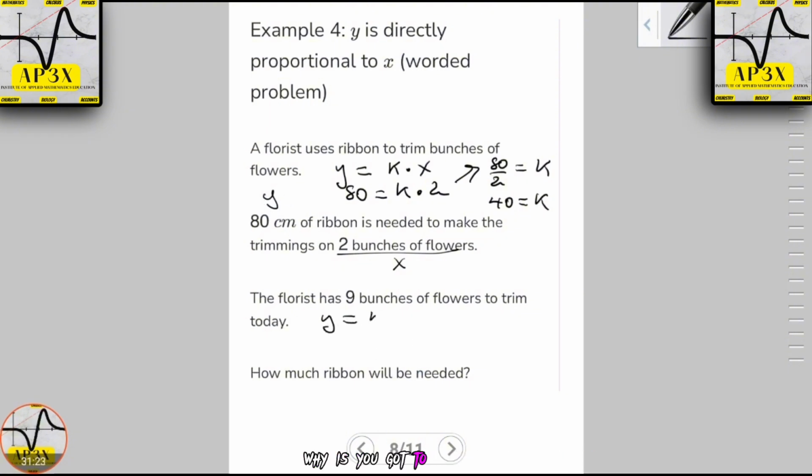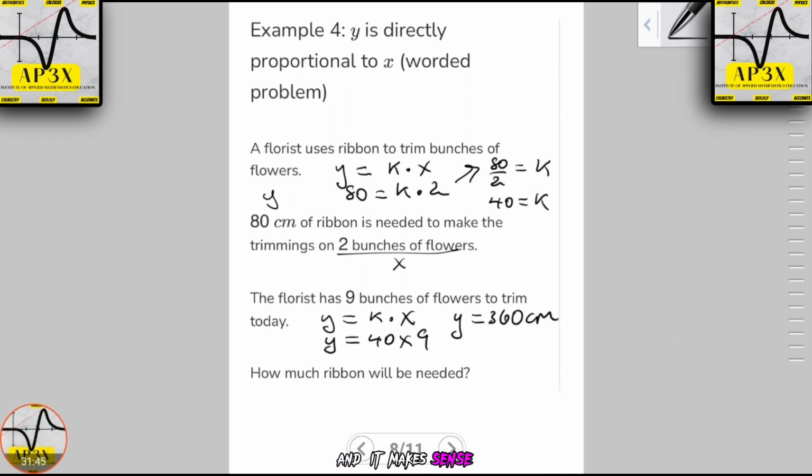So y is equal to k multiplied by x. Y is unknown, k is 40, x is 9. So they need 360 centimeters of ribbon.